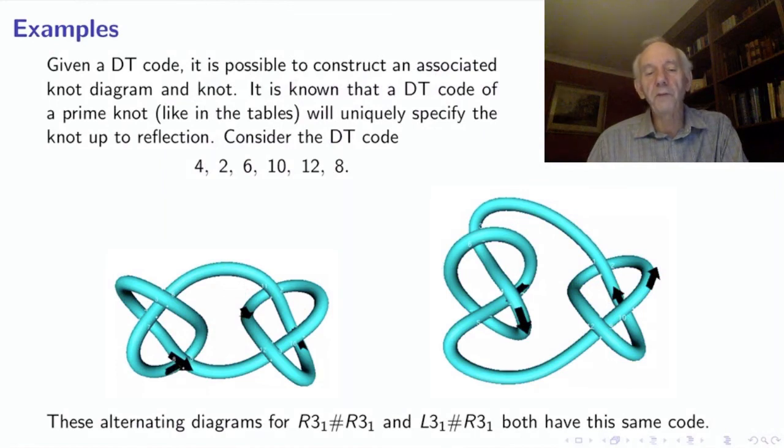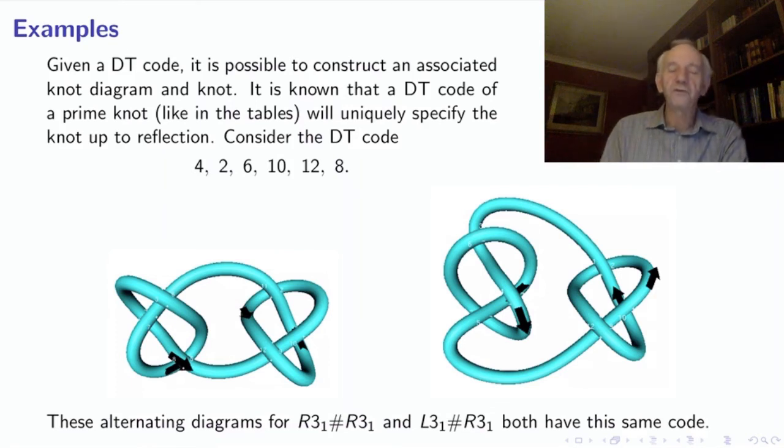Normally a given DT code will just correspond to 1 knot and its mirror image, but that's only if the knot is a prime knot, can't be decomposed as the connect sum of 2 non-trivial knots.